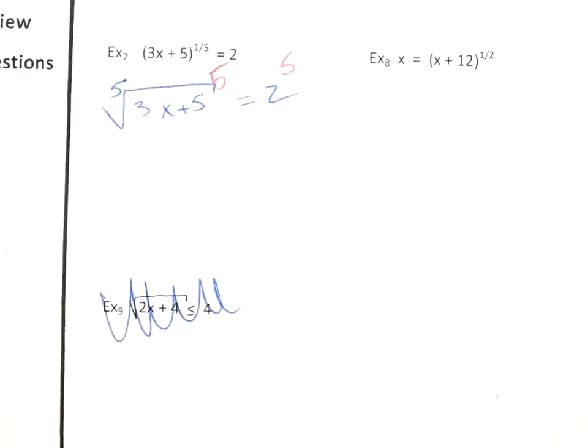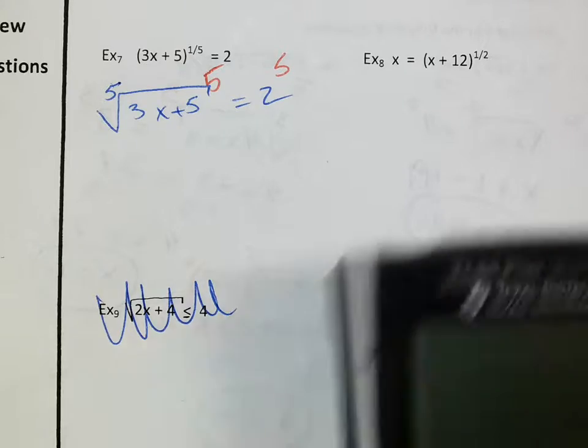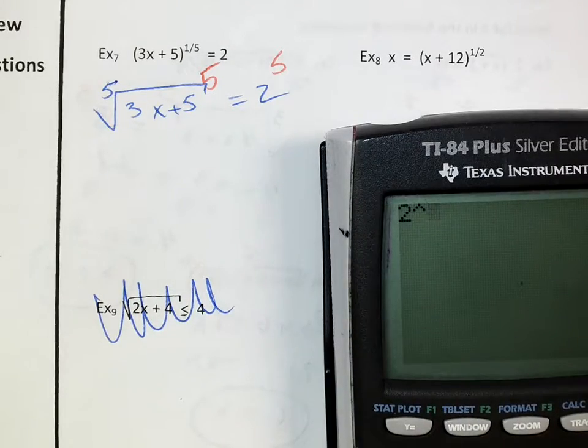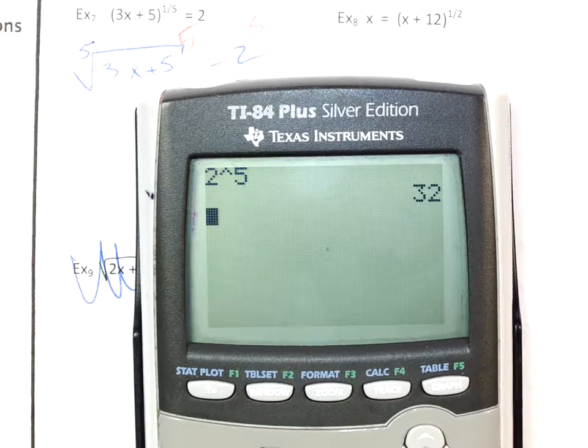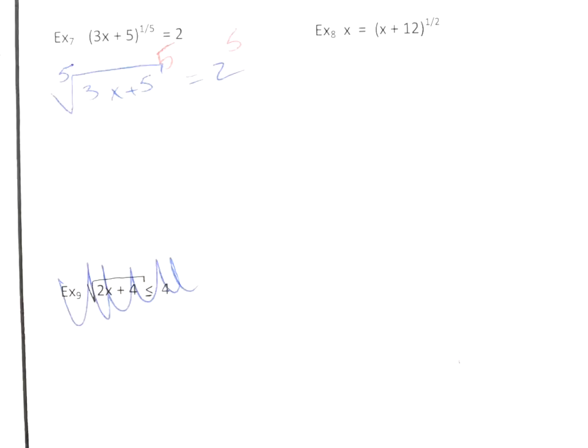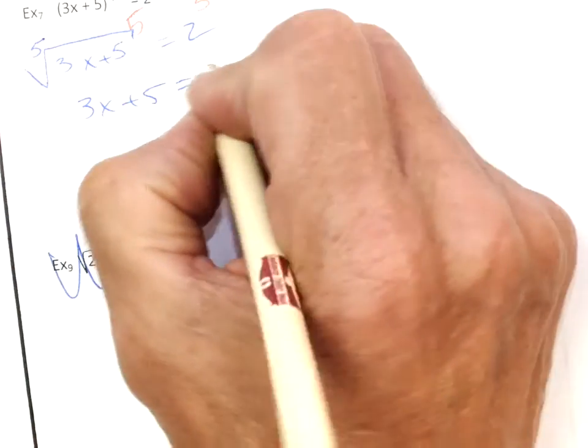Now, if you don't know 2 to the 5th power, it is 32, but again, your calculator can help you with that. Simply 2 to the power of 5. 2 times 2 is 4, times 2 is 8, times 2 is 16, times 2 is 32, you agree? So I've got 3x plus 5 equals 32, right?